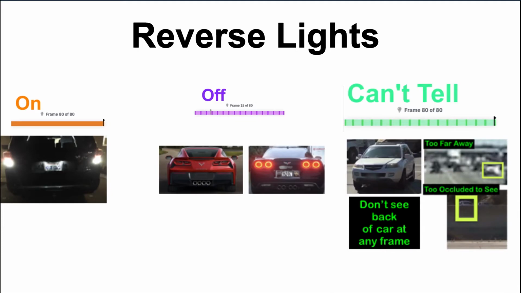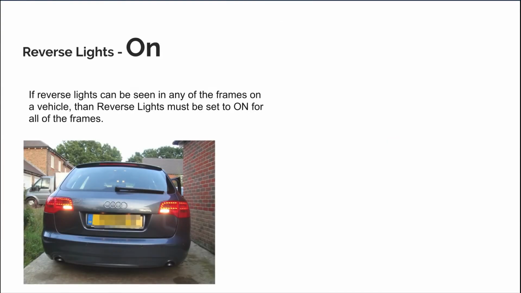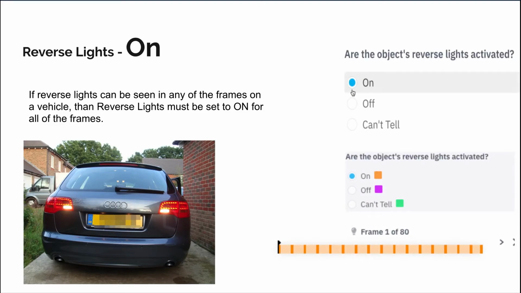So if reverse lights can be seen in any of the frames on a vehicle, then reverse lights must be set to on for all the frames. That's because it's a global attribute.